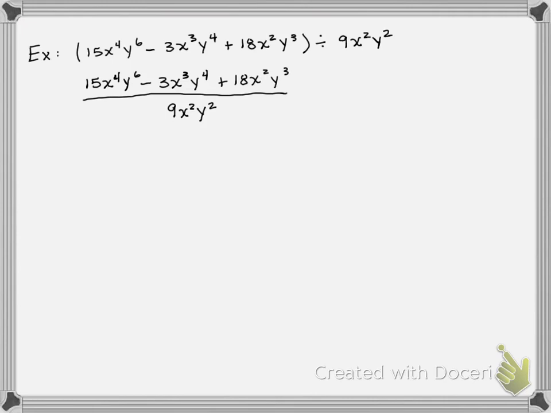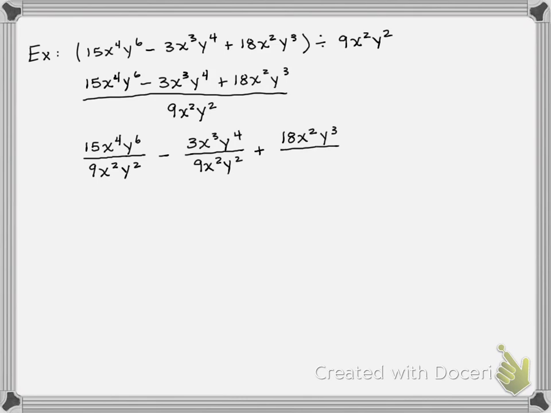So this is 15x to the 4th, y to the 6th, over 9x squared y squared, minus 3x to the 3rd, y to the 4th, over 9x squared y squared, plus 18x squared y to the 3rd over 9x squared y squared.